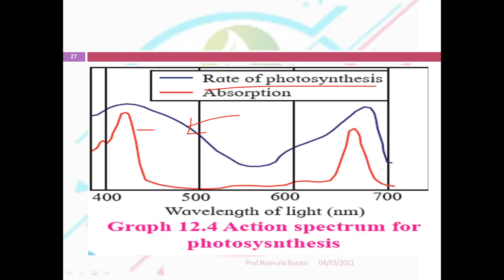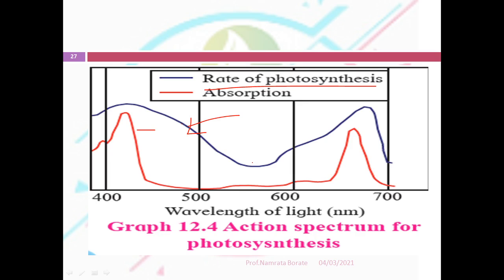This infers that the light energy is absorbed by the other pigments, that is the yellow and orange colored carotenoid pigments and other forms of pigment. They transfer the light energy towards the chlorophyll A molecule.